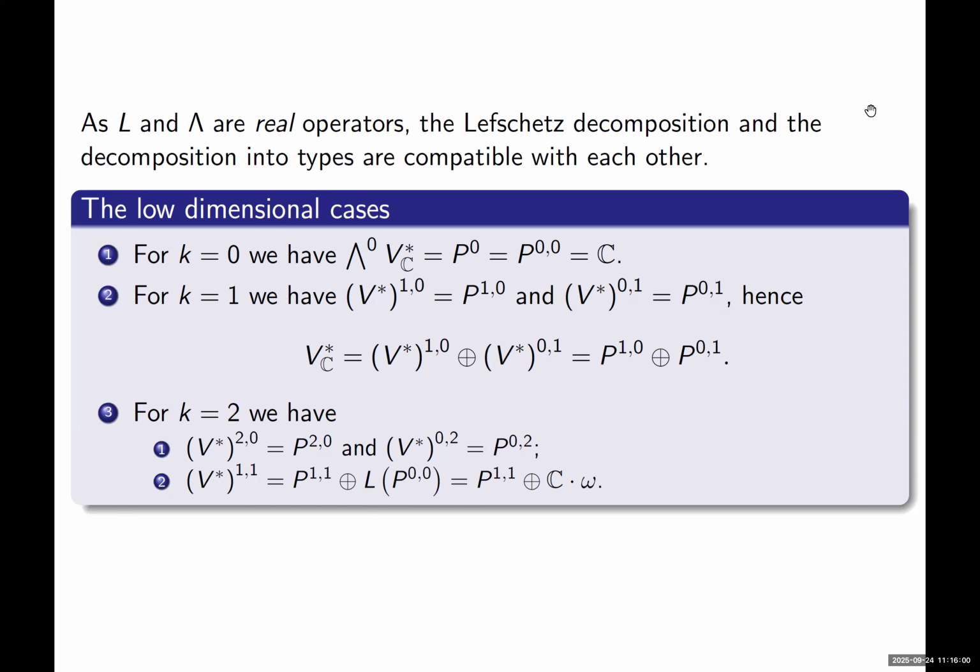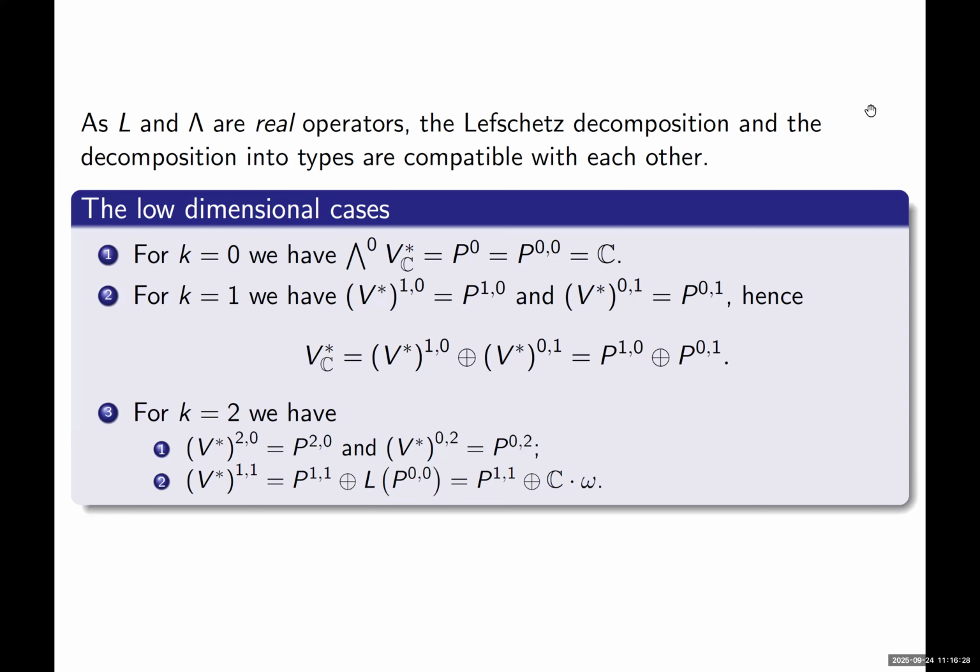For k equal 2, we have that two forms, in principle, are the sum of forms of three types: of type 2,0, of type 1,1, and of type 0,2. Now, type 2,0 and 0,2 forms are for sure primitive, since if we apply lambda to a 2,0 form, for example, we should end up with a 1,-1 form.